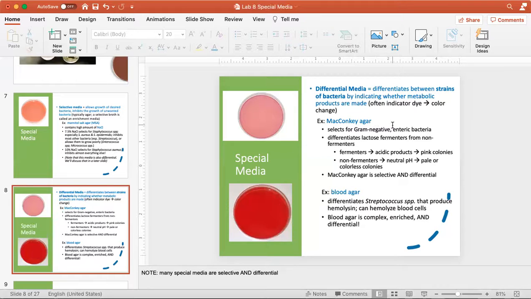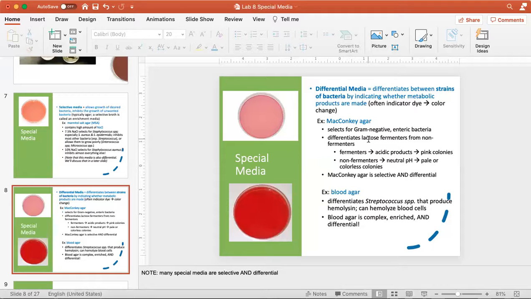It selects for gram-negative enteric bacteria. All the other bacteria cannot grow on it. And it differentiates the lactose fermenters. It's going to tell us if we have a lactose fermenter.